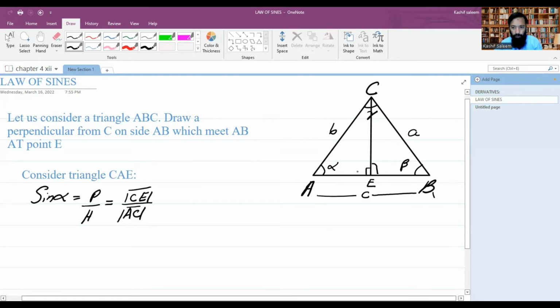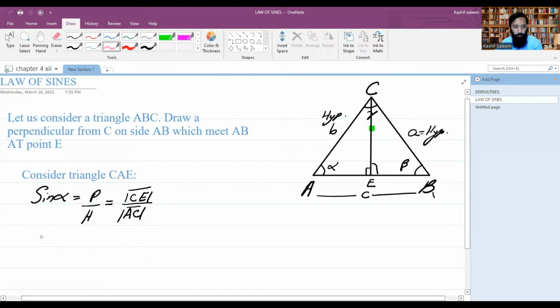Opposite to the right angle it is the hypotenuse, and this is the perpendicular.